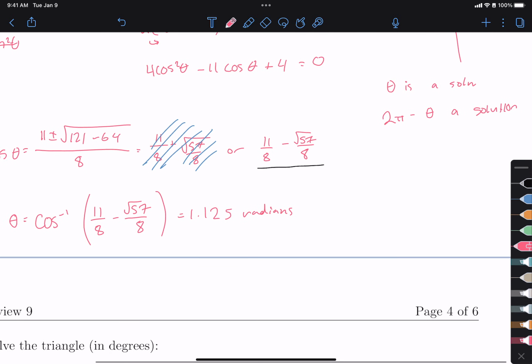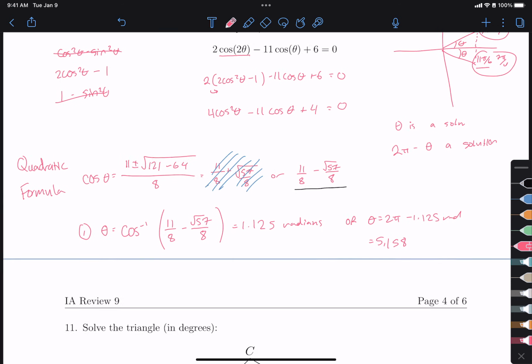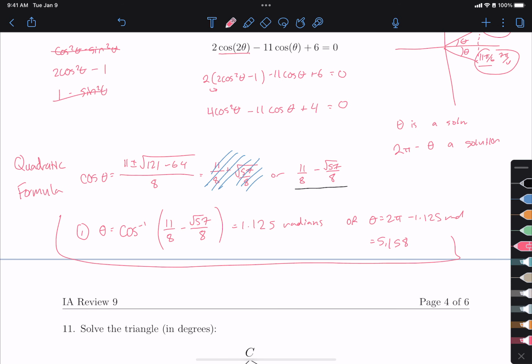Theta is equal to 2 pi minus 1.125 radians. And if we put that in our calculator, we're going to get 5.158. And these are going to be our two solutions. Yippee, right, guys?